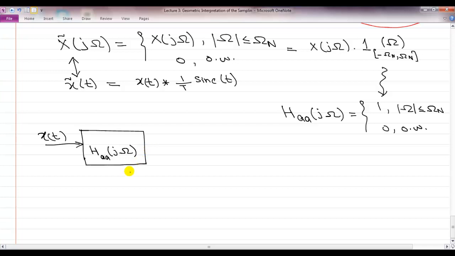You get back x tilde of t, and now you do sampling. The anti-aliasing operation indeed guarantees that you are using a signal that is band limited, and then you do sampling.